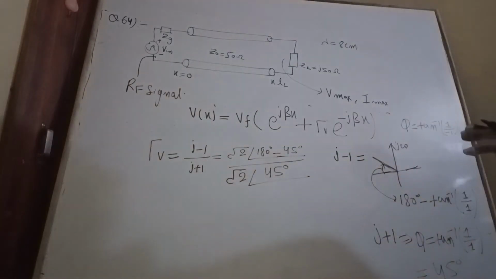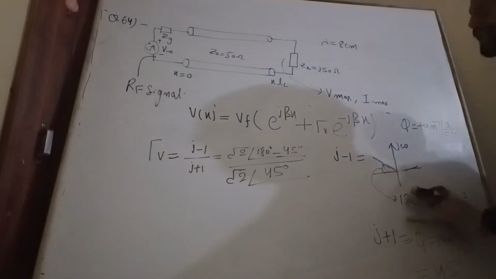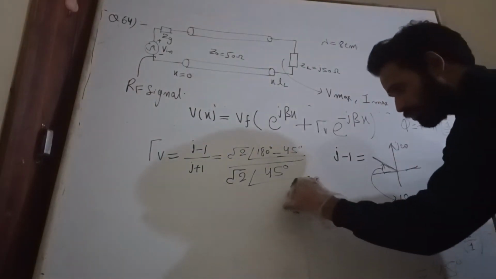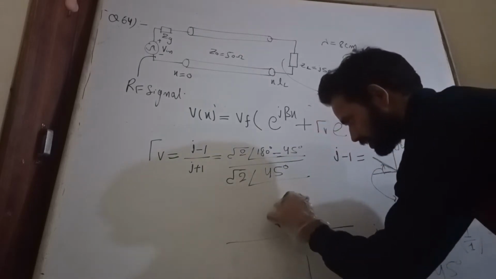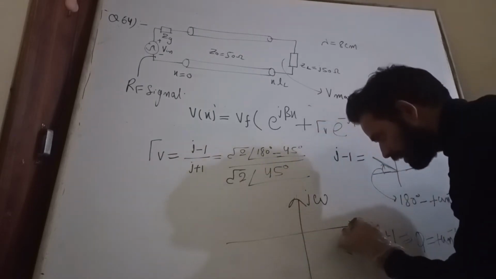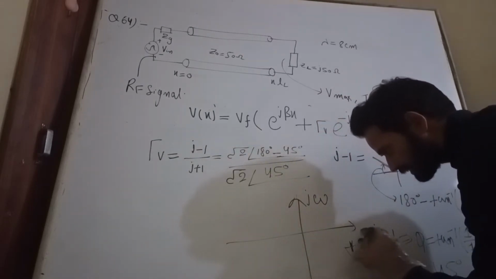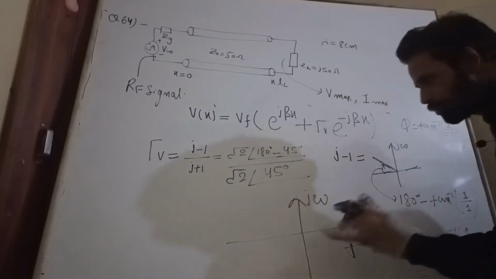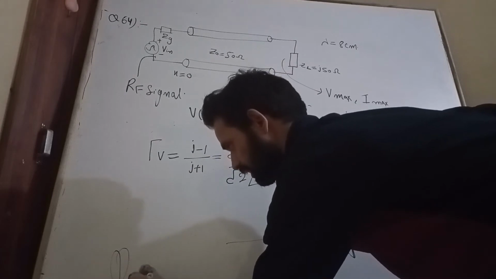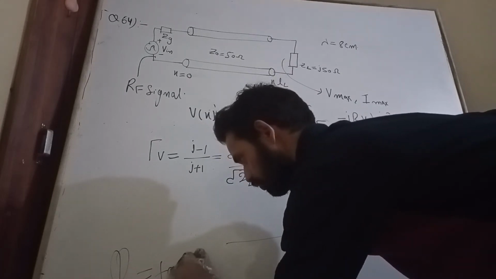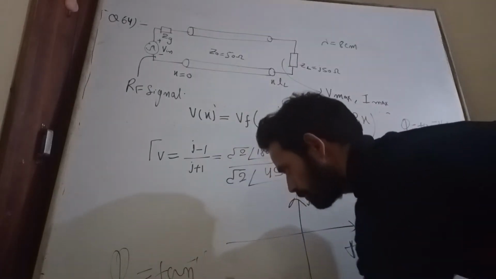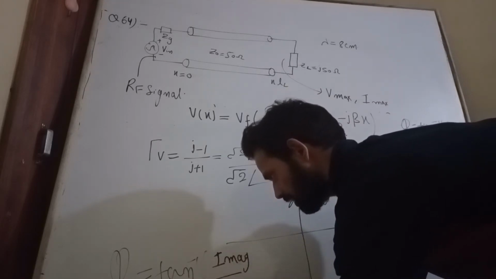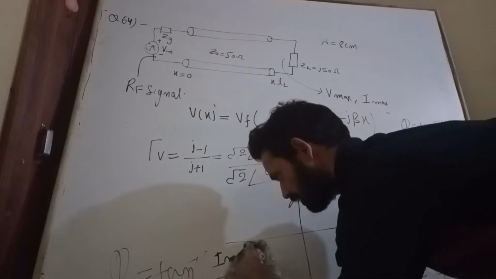Now this is the way to calculate any angle. If you want to calculate any angle, just look at the imaginary axis and the real axis. Let us say phi is equal to tan inverse of the imaginary part upon the real part.